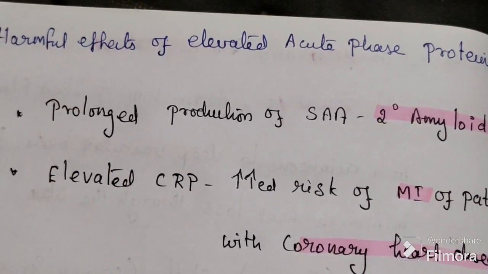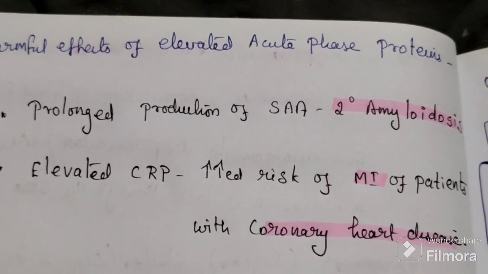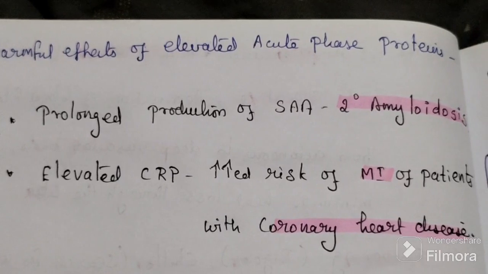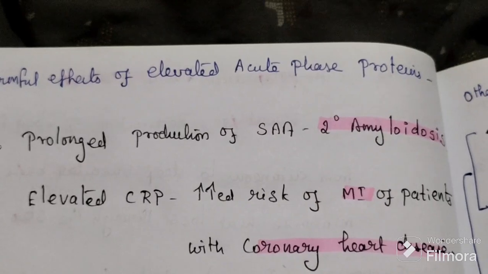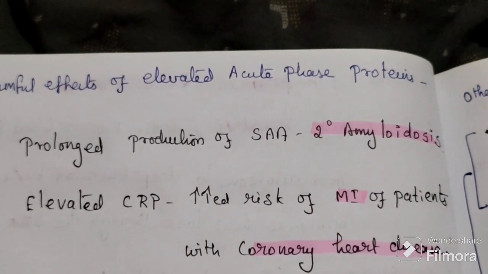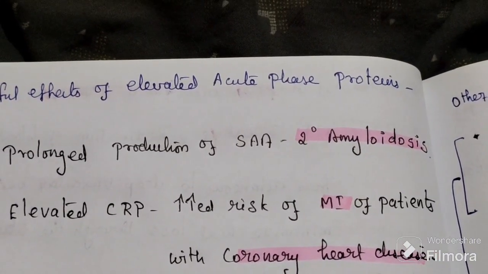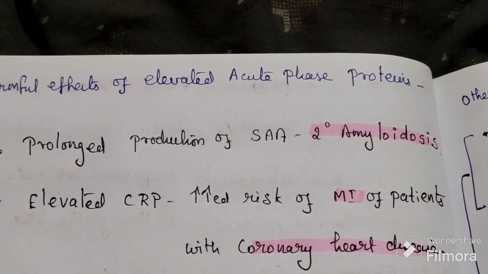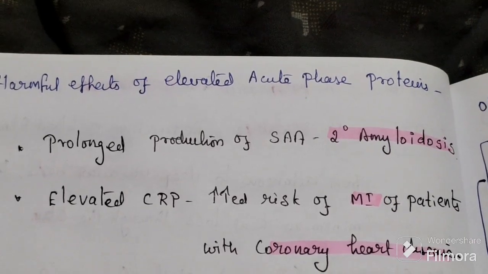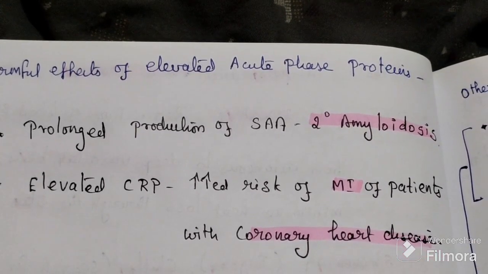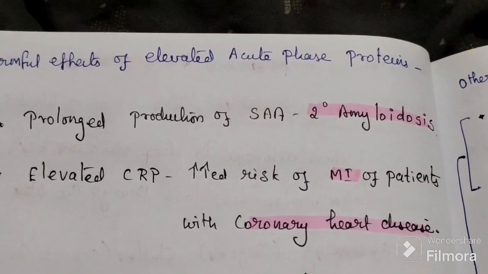If the inflammation is prolonged, there will be prolonged production of SAA, serum amyloid protein, and that results in a condition called amyloidosis, which is secondary amyloidosis.